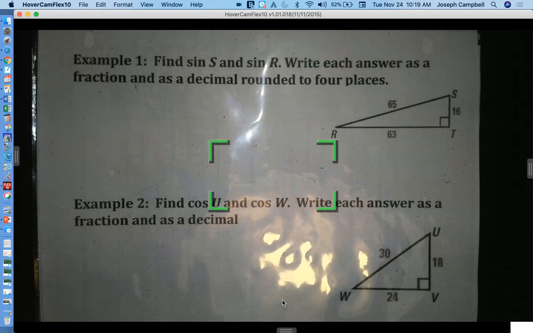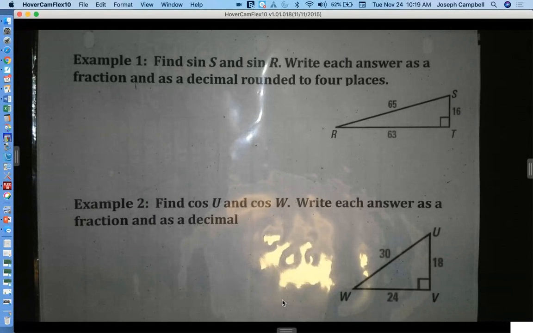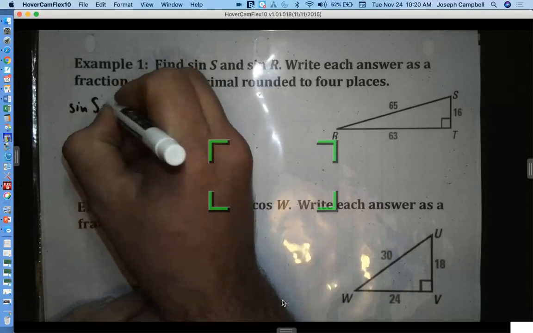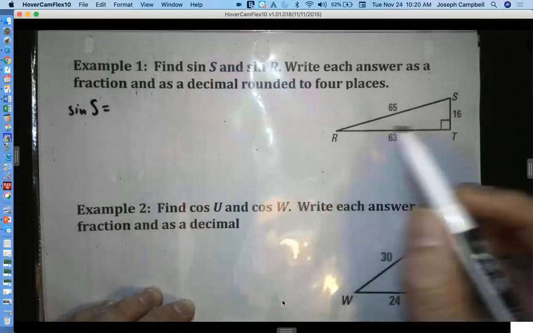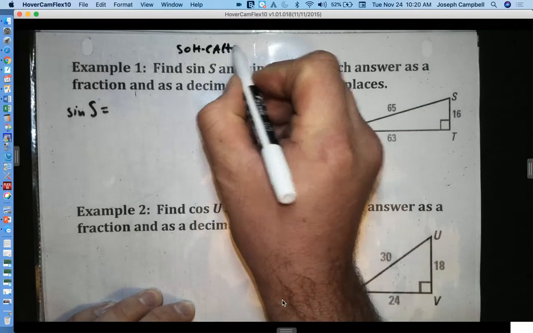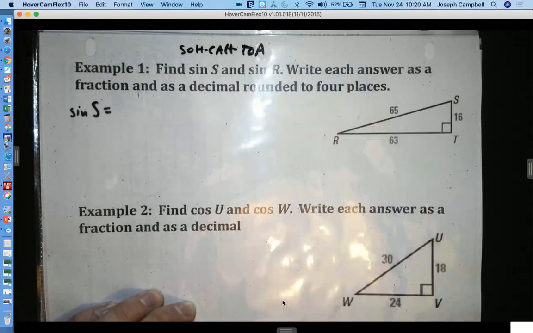All right, let's do some examples here. Find sine of S and sine of R. Write each answer as a fraction and as a rounded decimal to 4 places. All right, fine. So let's look at S. Sine of S. Remember, sine is SOH. You should probably just write it every time. SOH CAH TOA.